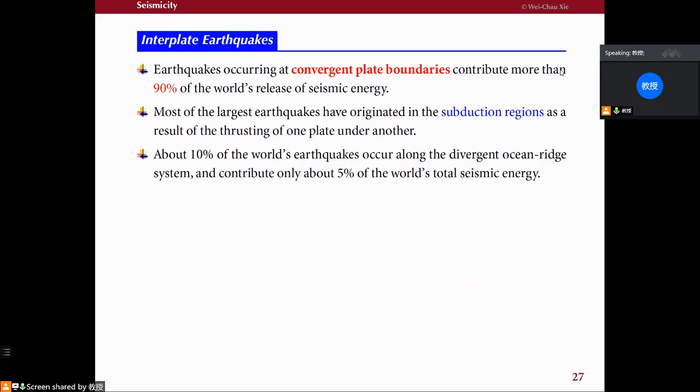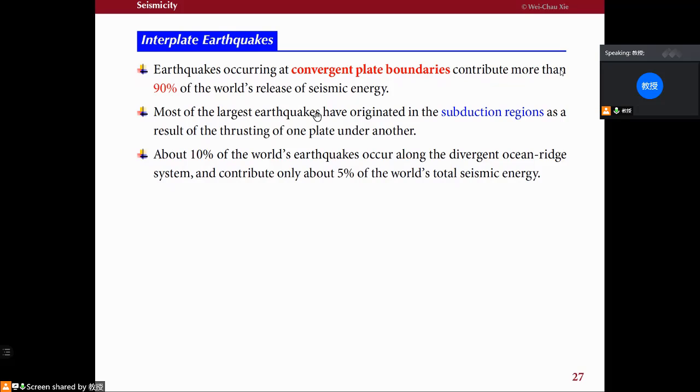Okay, so now because we have the relative movements between the two plates, we have interplate earthquakes. Earthquakes occurring at convergent plate boundaries contribute more than 90% of the world's release of seismic energy.